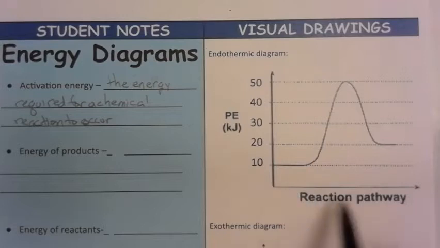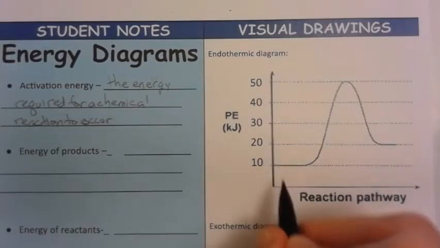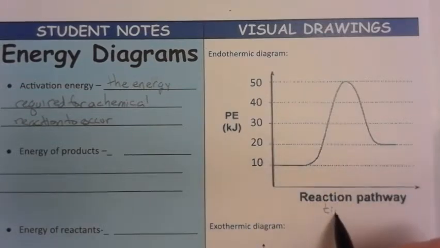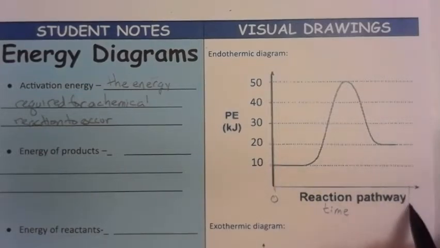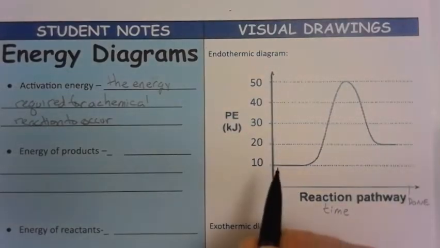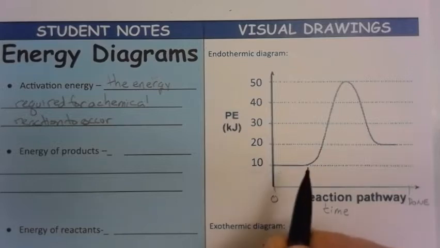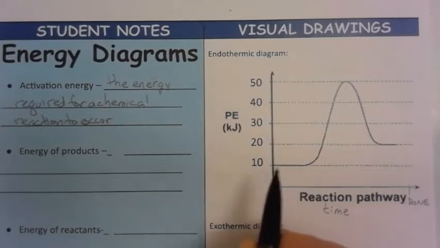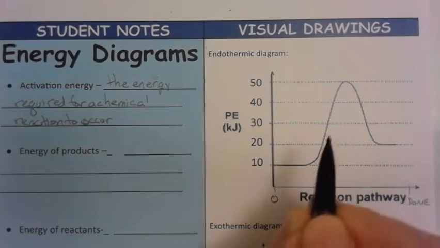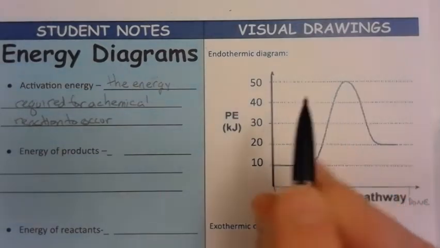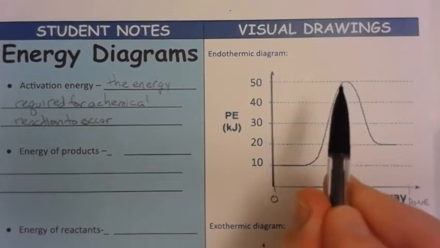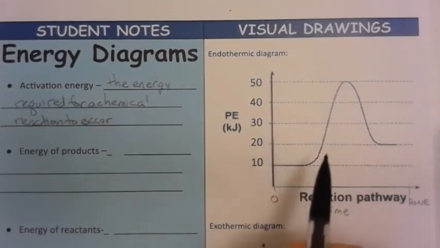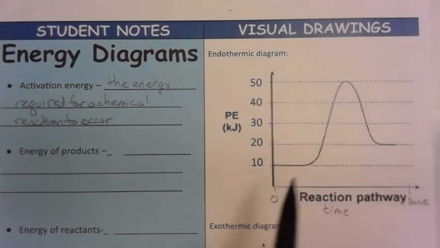So when we talk about the reaction pathway, this is like the beginning. If you think about this as time, this is like time zero, and this is when the reaction is done. So at the very beginning, the reactants, what we put into the chemical reaction, have a certain amount of energy stored within them, but no chemical change to the energy of their stored bonds is really going to occur until they reach the top of this hill, until a certain amount of energy is added to that point.